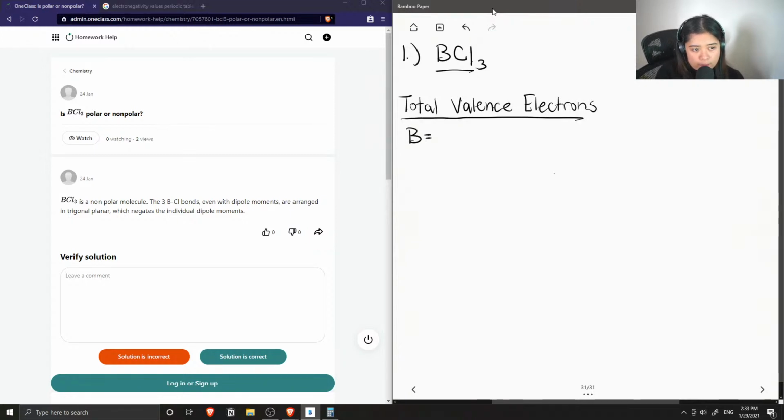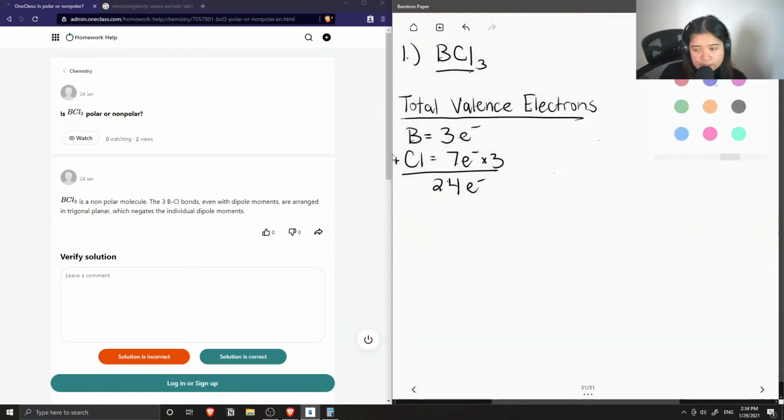So boron has 3 valence electrons, and chlorine has 7. And since there are 3 chlorine atoms in this molecule, we multiply this by 3 to give us a total of 24 valence electrons.